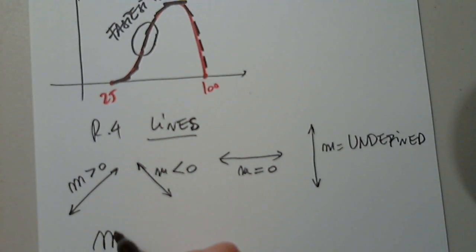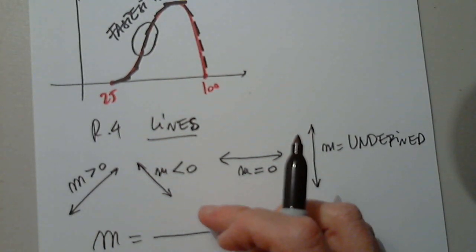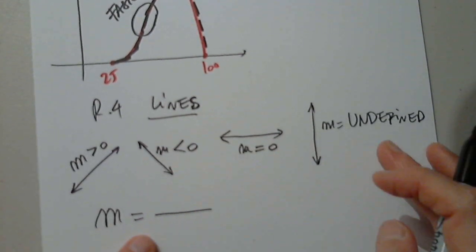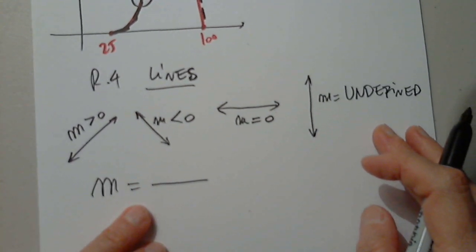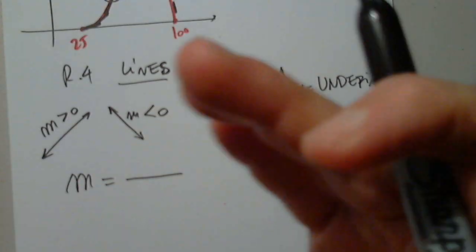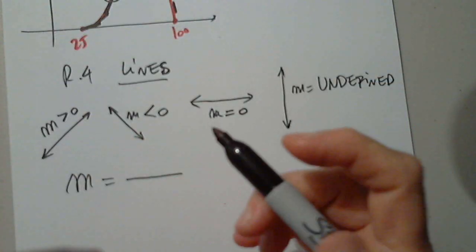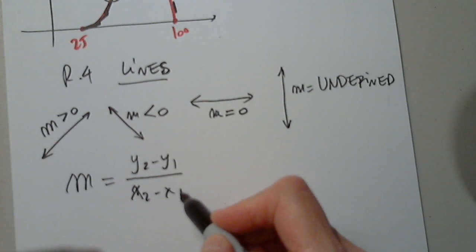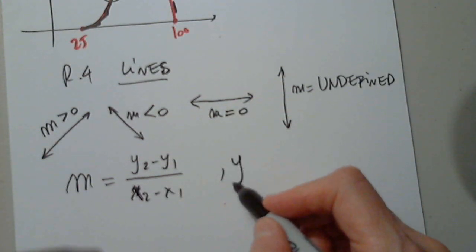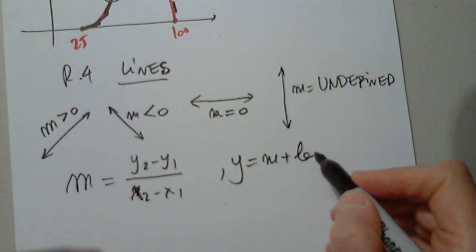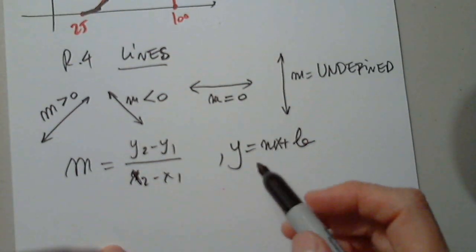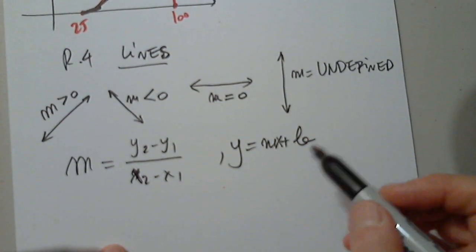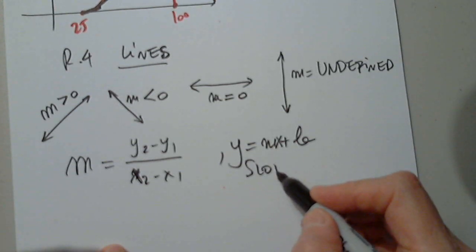Can anyone remind us the definition of the slope? It's y2 minus y1 over x2 minus x1. And y equals mx plus b is the slope-intercept form.